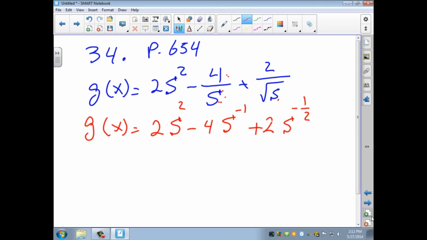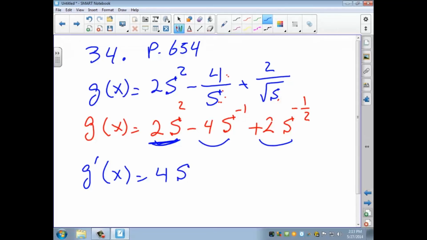Now we can use the first 2 or 3 rules of differentiation that we talked about and take the derivative of each piece and add and subtract from each other. So g prime of x therefore becomes, first, the derivative of this first one would be 4s. Derivative of the second one, this minus 1, which is the power, will come and multiply by minus 4, so it would become plus 4.